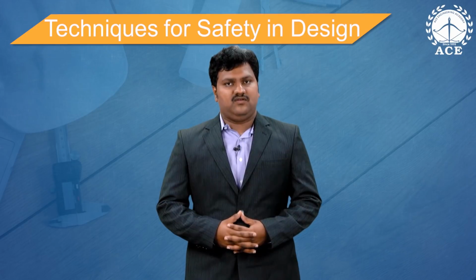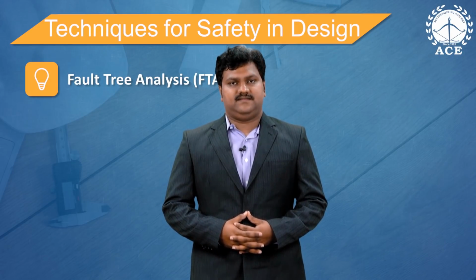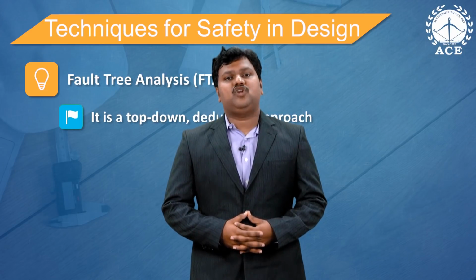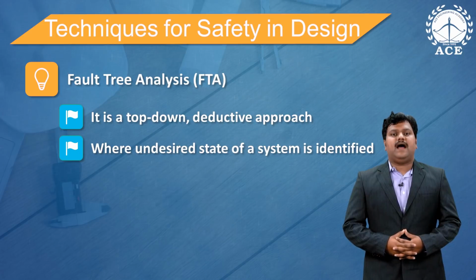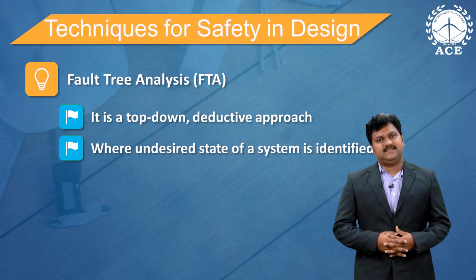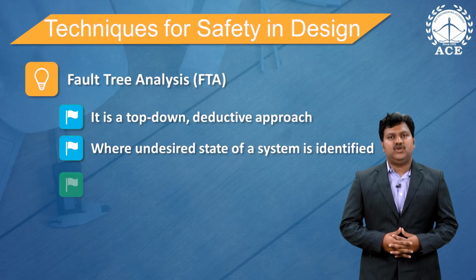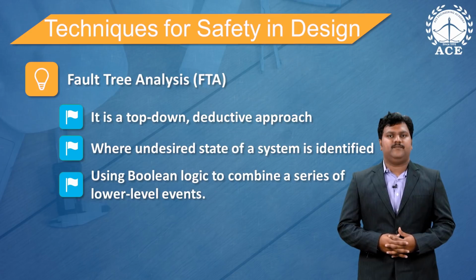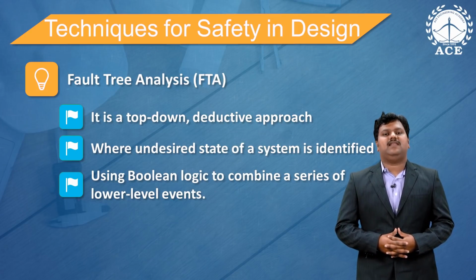The next technique for the safety in design is fault tree analysis. It is a top-down deductive approach where the undesired failure or undesired state of the system is identified or deduced using Boolean logic to combine a series of lower level events.